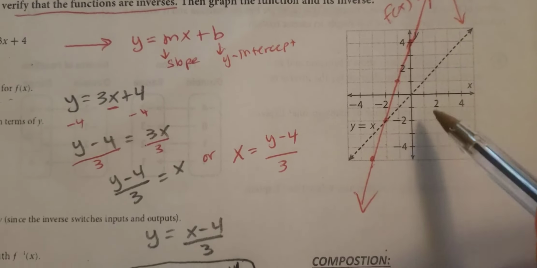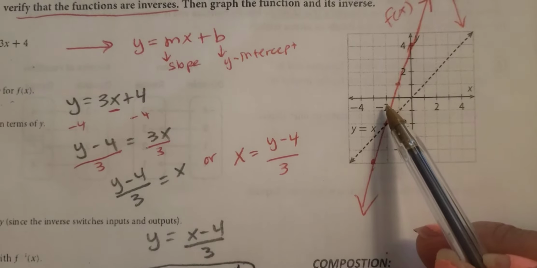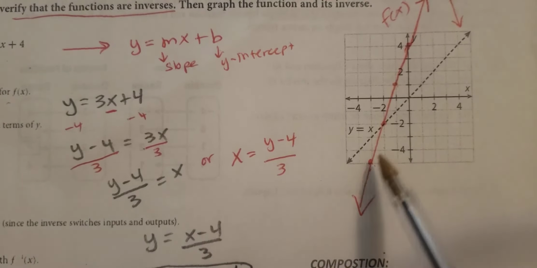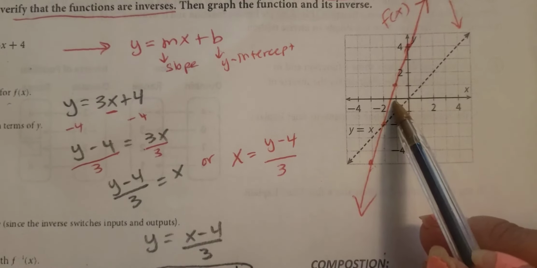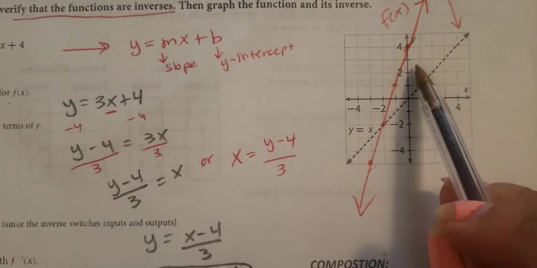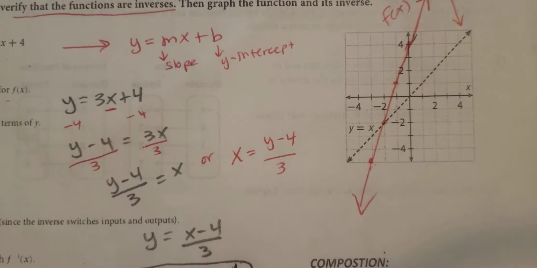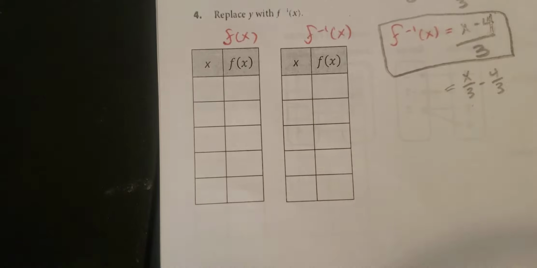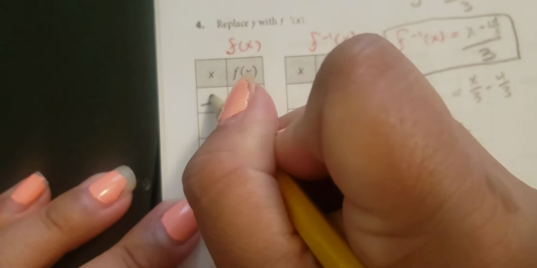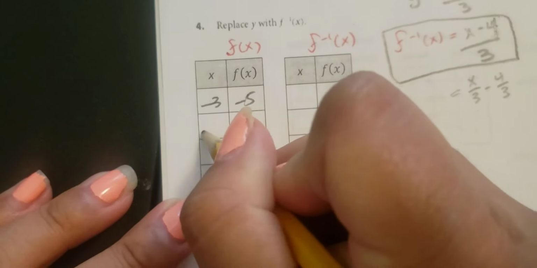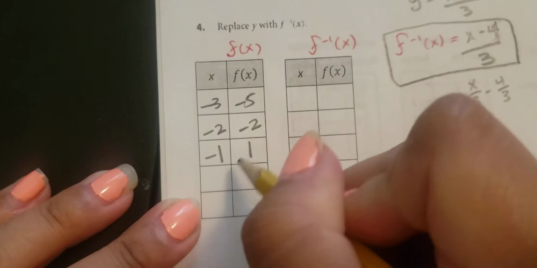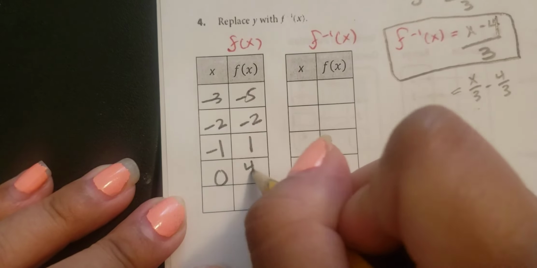So what are my 4 points? -3, -5, -2, -2, -1, 1, and 0, 4. I'm going to write all those down here.